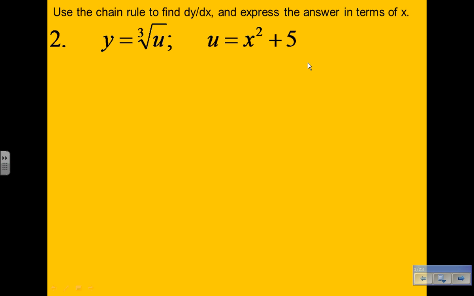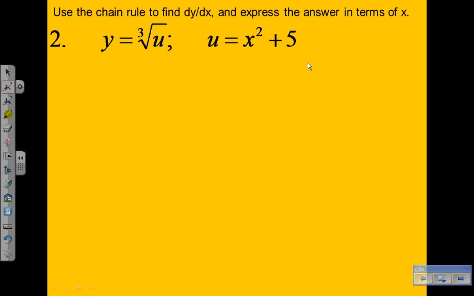Well, for one, in the first couple problems, they actually tell you it's a composite function. The actual function you're looking at is y equals the cube root of x squared plus 5.